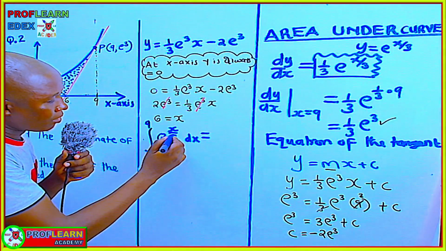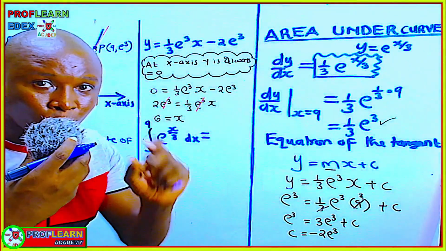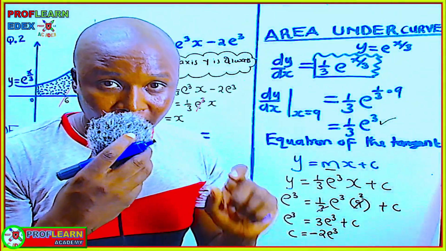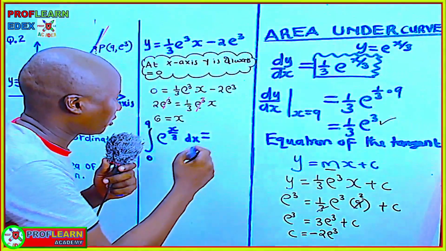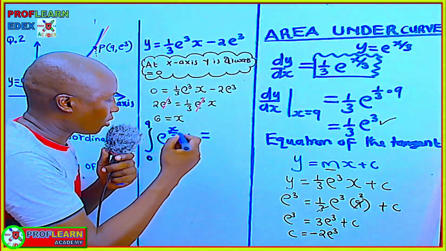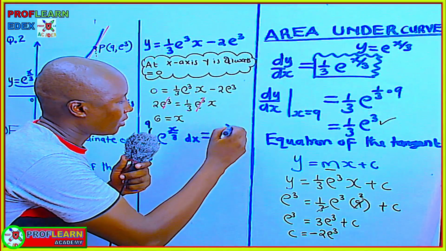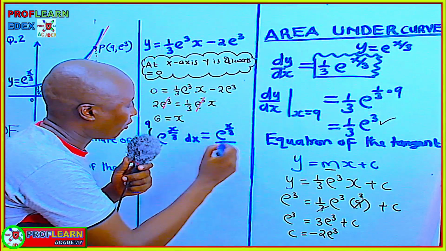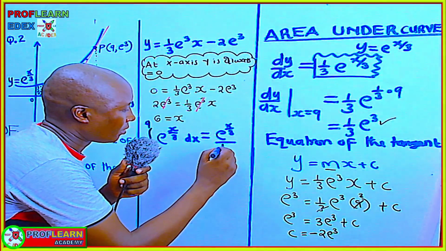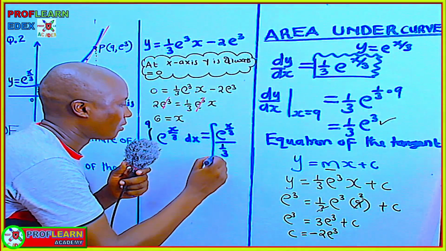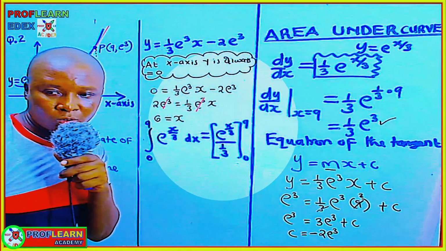Integrating this, remember, when you integrate an exponent, you differentiate the power, then divide by it. Differentiating the power, we get 1 over 3. So the final answer becomes e^(x/3) over 1 over 3, working that from 0 all the way to 9.